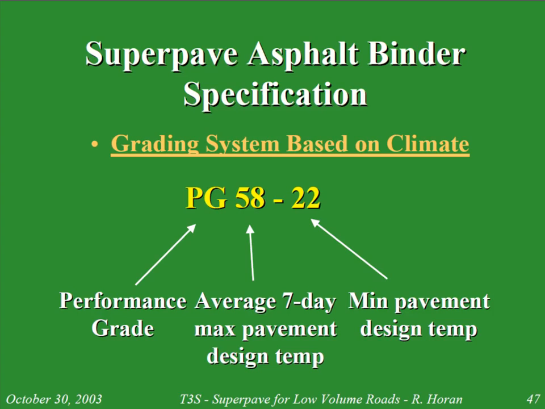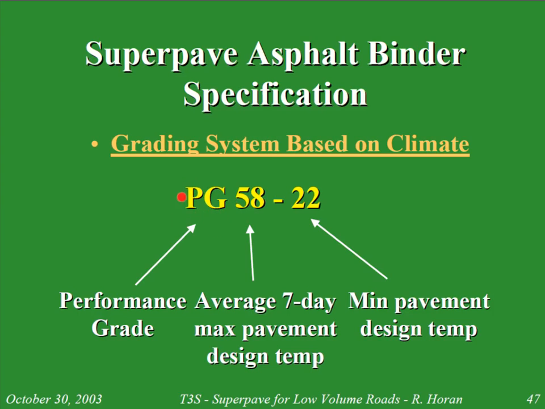All right, another thing out of the SuperPave program was this performance grade system when it comes to SuperPave asphalt binder specifications. Okay, so you see this particular set of numbers listed here and this PG in front of it. So PG stands for performance grade, all right?